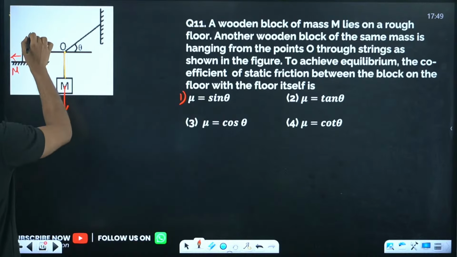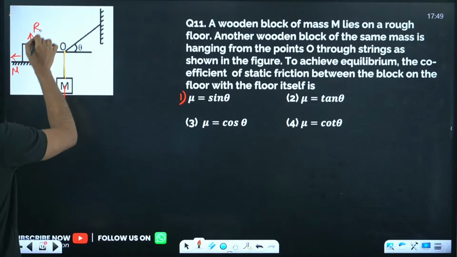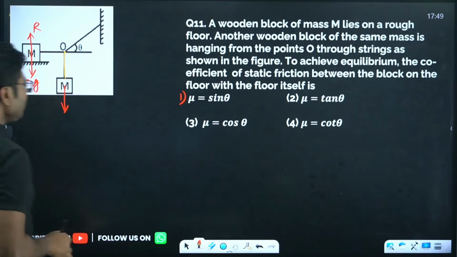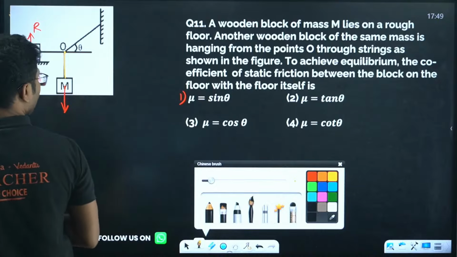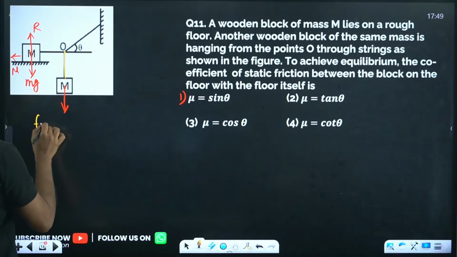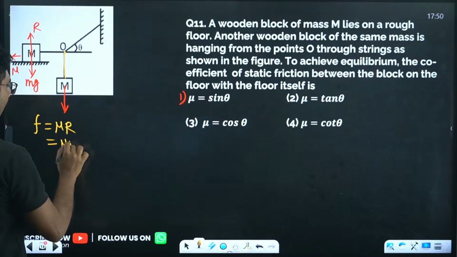Now remember, the normal reaction over here is R, which is exactly equal to mg. Now what is the force of friction? Force of friction is mu into R, that is mu mg.